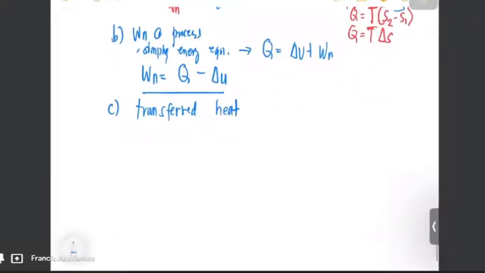The Q, since our temperature is constant, is T times the change in entropy, S2 minus S1.